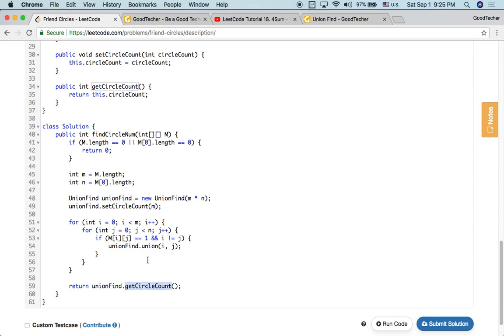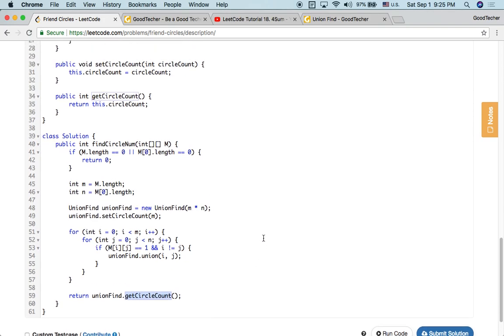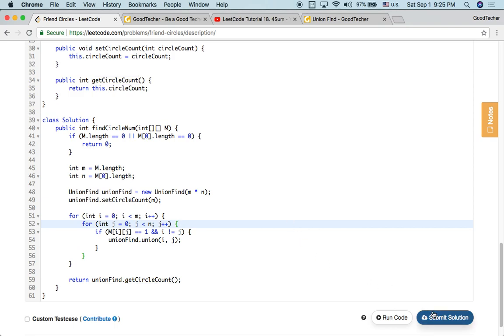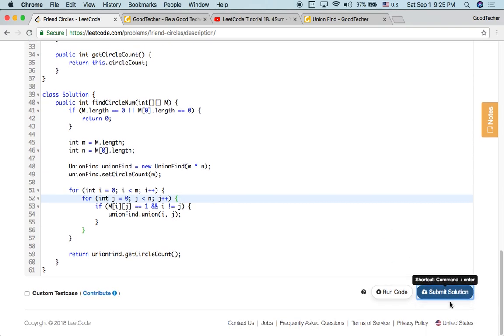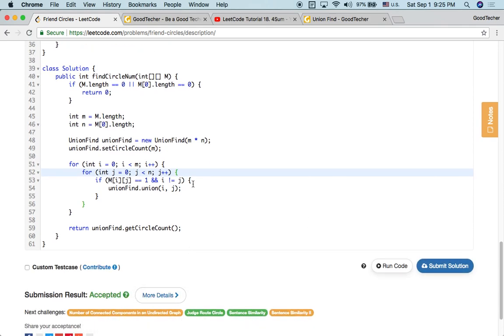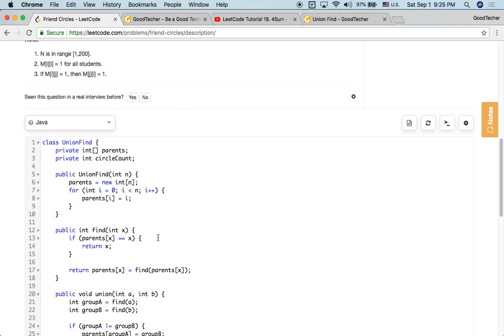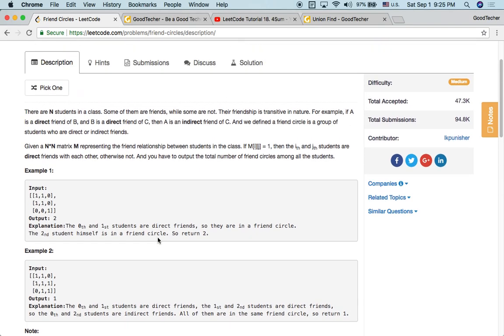In the end, after we iterate all the elements, we can get the answer, the total circle count. So here, just click submit. Judging, okay, accepted. So successfully we used union find to solve this coding problem.